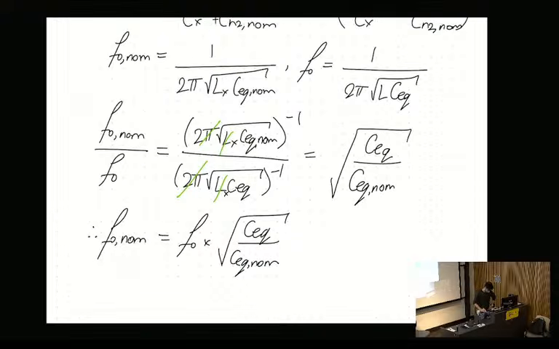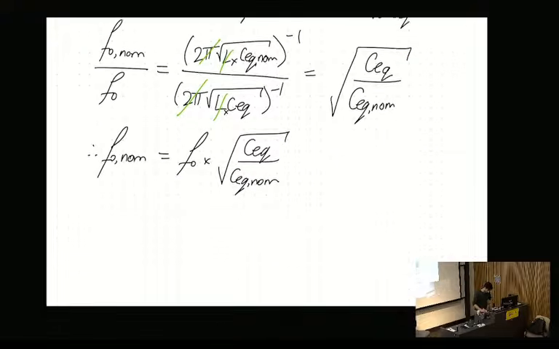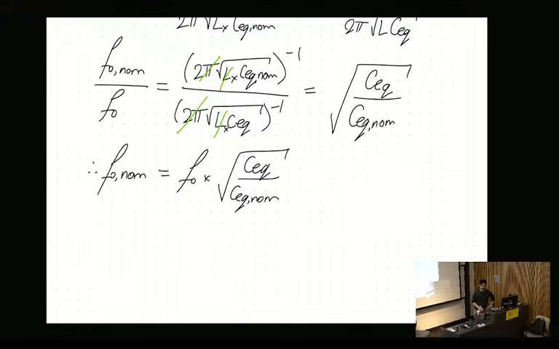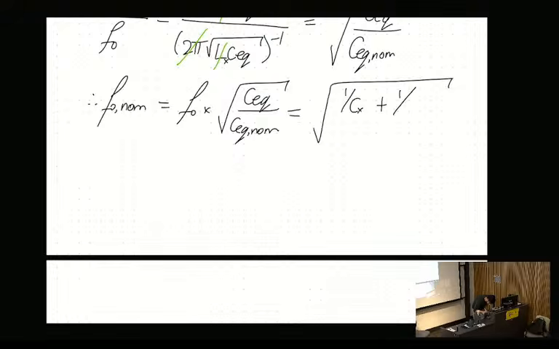And we just derived formulas for these capacitances up here. So this is CEQ nominal. CEQ will have the exact same formula, but just with Cn2 rather than Cn2 nominal. Okay. Any questions so far on this? Feel free to just yell out if there's anything. Just tedious math. Square roots of 1 on Cx plus 1 on Cn2 over 1 on Cx plus 1 on Cn2 nominal.